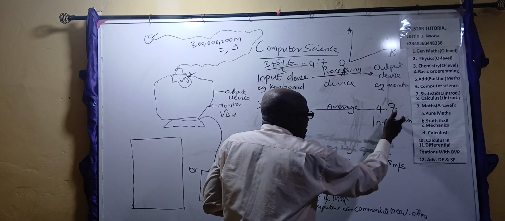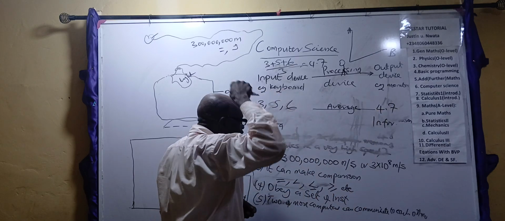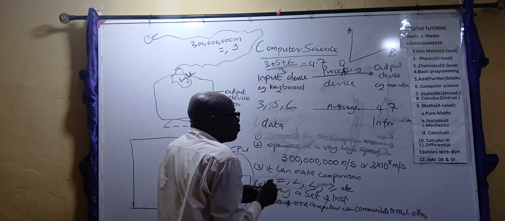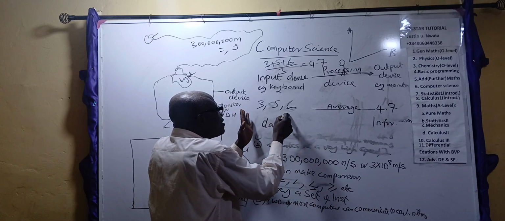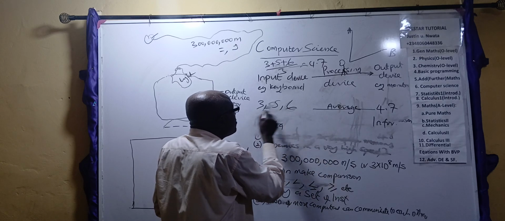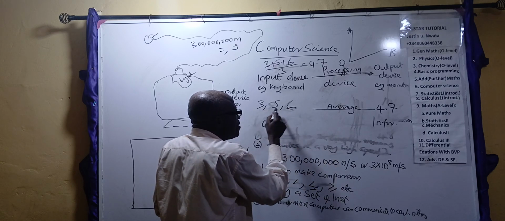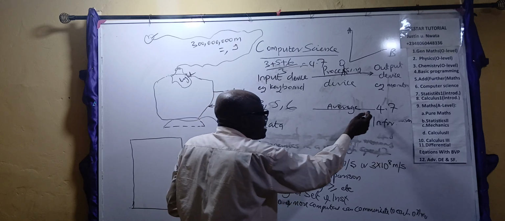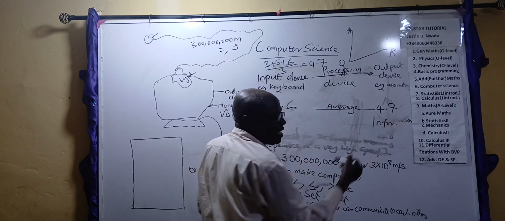The 4.7 will come out. That's the information. So the stress of using your brain to do whatever you want, the computer has taken over from you, especially when the quantity to be done is very, very large. Here is only 3 data. And so this is 70, 80, 100, thousands. Are you able to use your brain to know? The computer will just do it and give you the answer at the speed of light immediately.